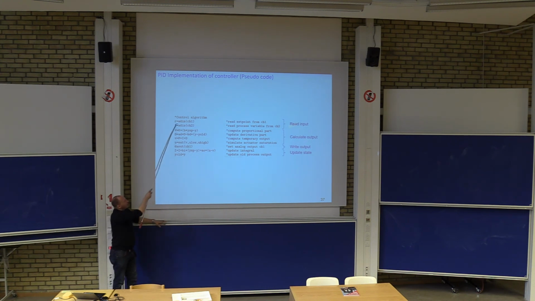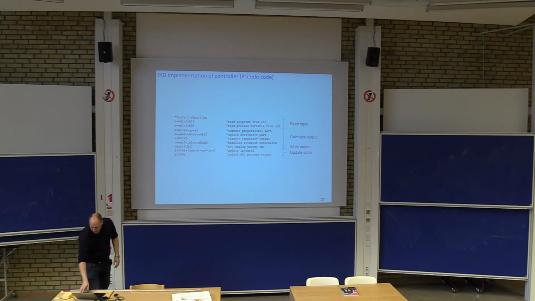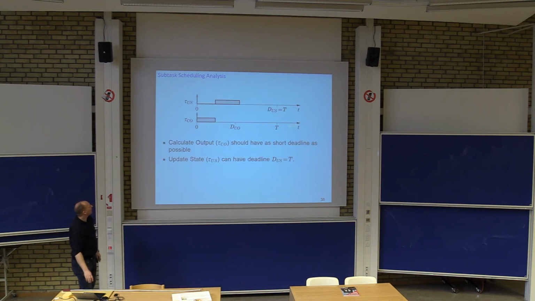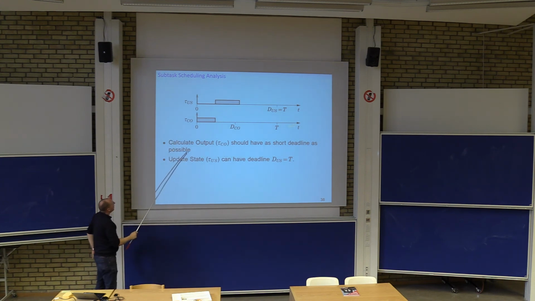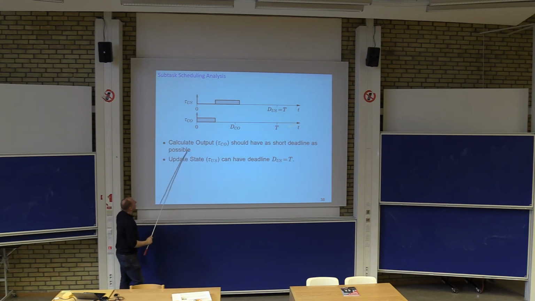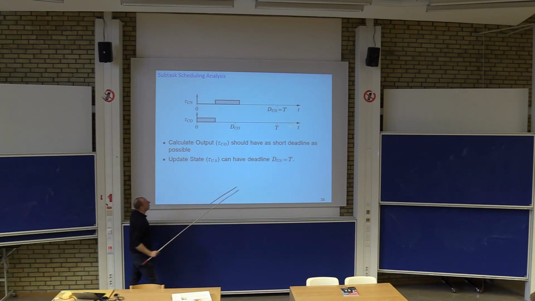And the deadline for the other part, you would like to keep as short as possible. The shorter the better, basically. So instead of treating it as one big task, we divide it into two different tasks: calculate output and update state. The calculate output should have as short a deadline as possible, and the update state should have a deadline equal to the period.